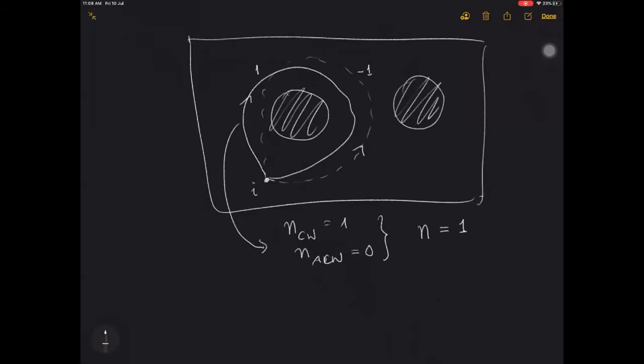In the other case, similarly, n clockwise is equal to 0 and n anti-clockwise is equal to 1. So n is equal to -1. So these have different winding numbers. Okay, a +1 and a -1 are different from each other. So they cannot be deformed into each other.